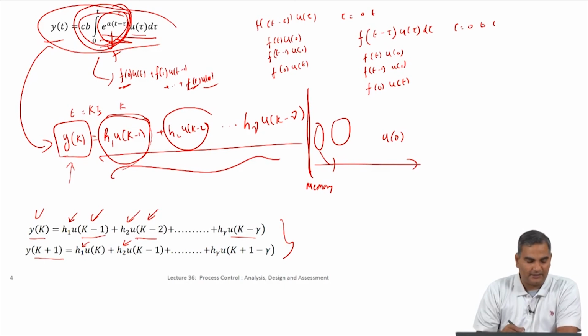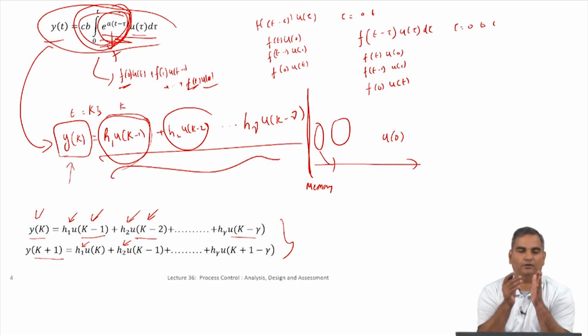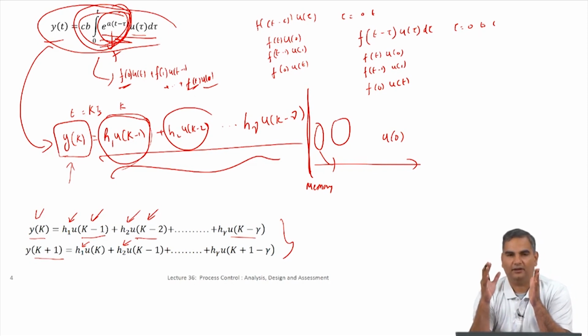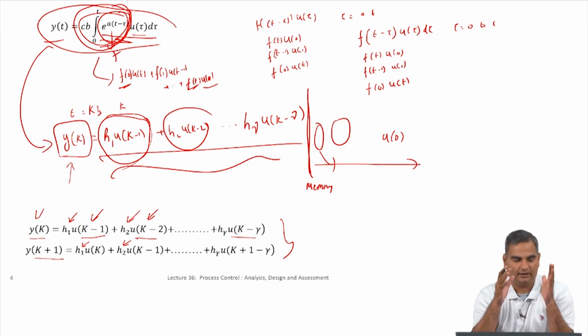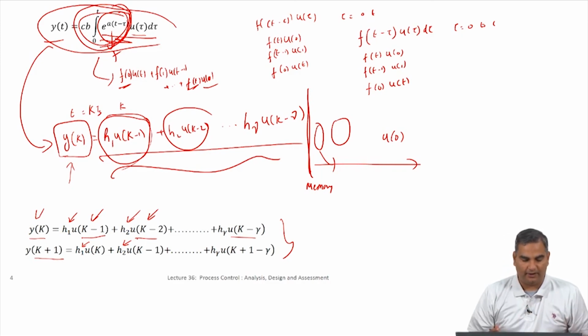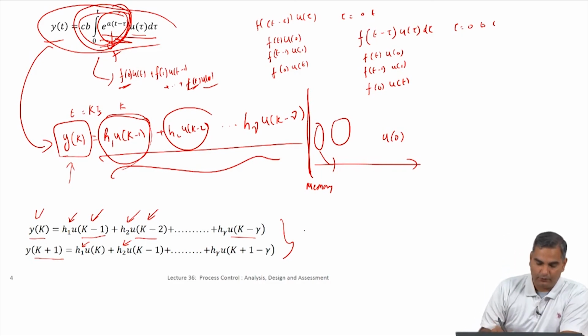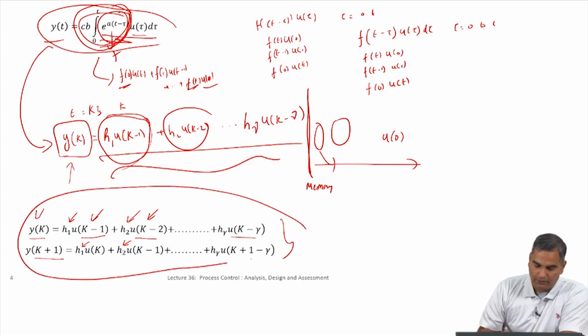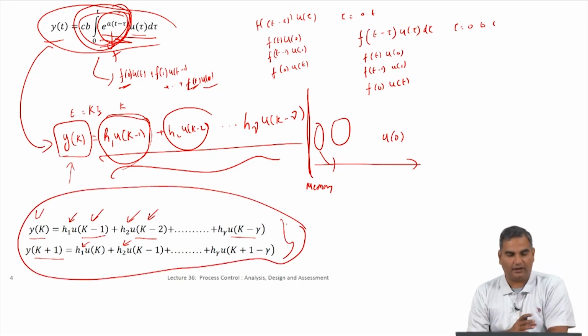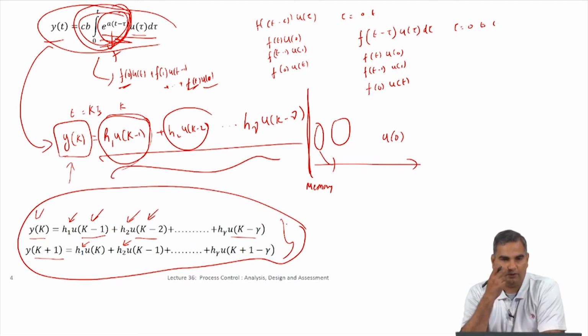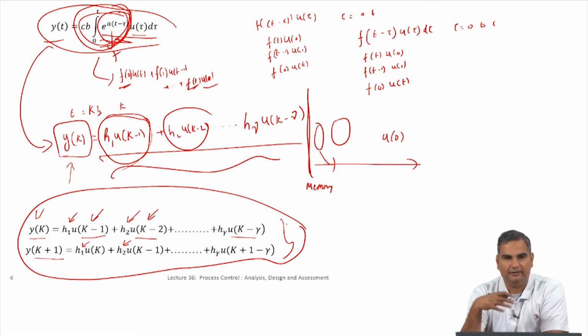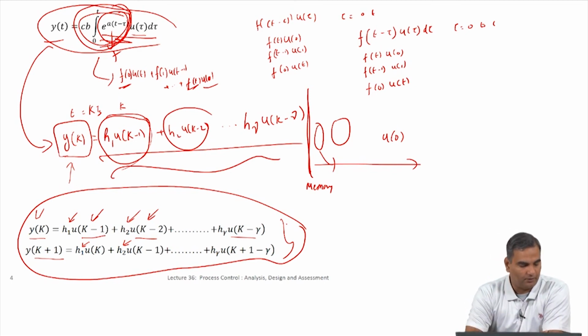So, everything is consistent except that the counter keeps increasing. So, at every point, if I am here, I have to weight all the inputs till here. If I am here, I move this also by 1. Now, you see that you have a model between output and the inputs in the past. So, this is the critical model that we were looking for to complete this idea of model predictive control.